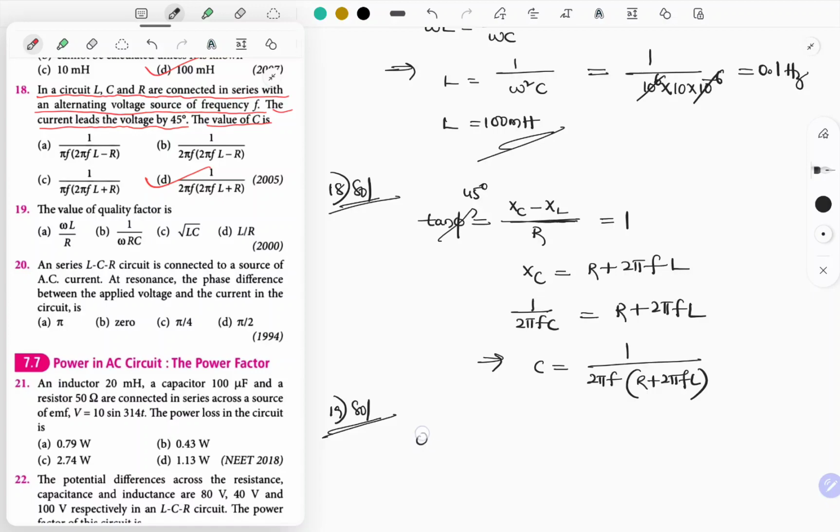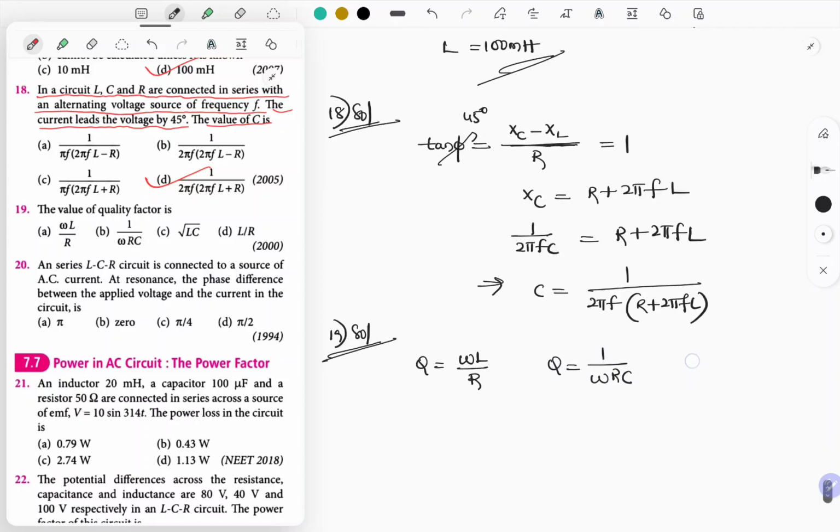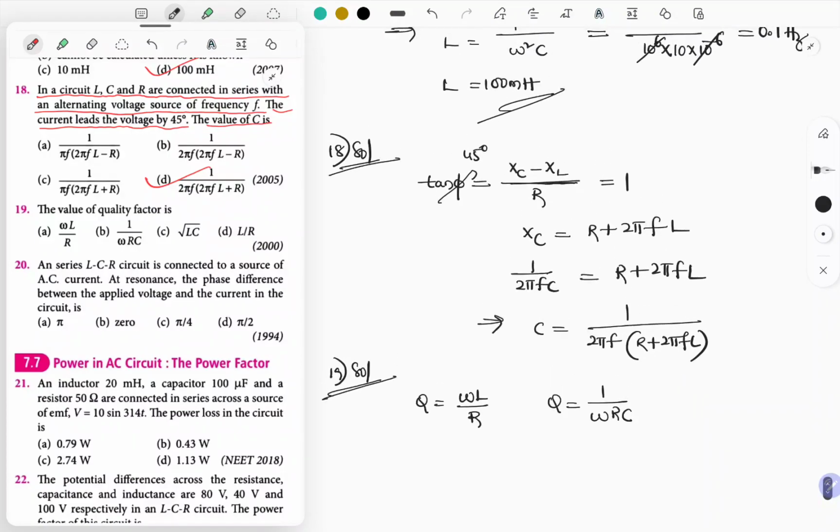That is Q is equal to omega L by R for RL circuit, and Q is equal to 1 by omega RC for capacitor and resistor combination, and for all three combined it is going to be 1 by R root L by C. So this is for series combination.